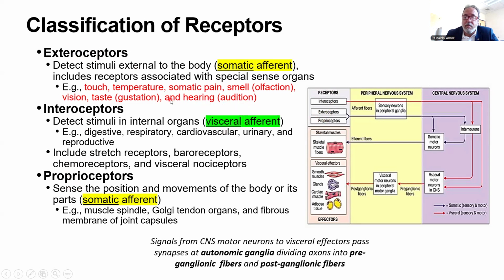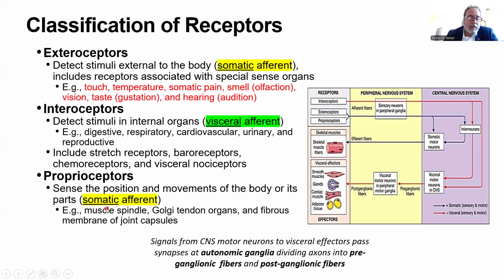The information that they're monitoring is with regard to touch, temperature, somatic pain, and special senses here, like olfaction, visual, gustation, audition, this kind of thing. Auditory, I should say, auditory information.